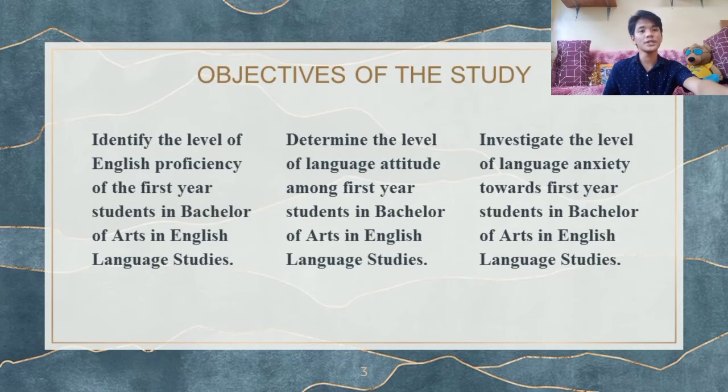And in order to answer the following problems of our research study, we have formulated three objectives of the study. First is to identify the level of English proficiency of the first-year students in Bachelor of Arts in English Language Studies. Second is to determine the level of language attitude among first-year students in Bachelor of Arts in English Language Studies.